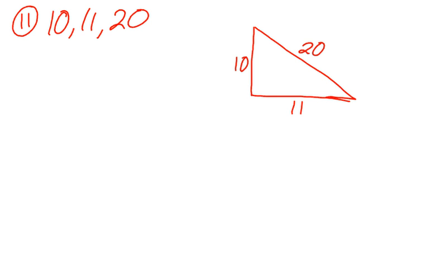All right? So the first thing we have to do is make sure: will those three values even make a triangle? The way we do that, if you remember, is we choose our two smallest sides, in this case 10 and 11, and we add those two together.